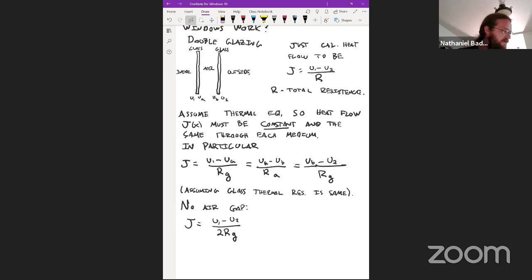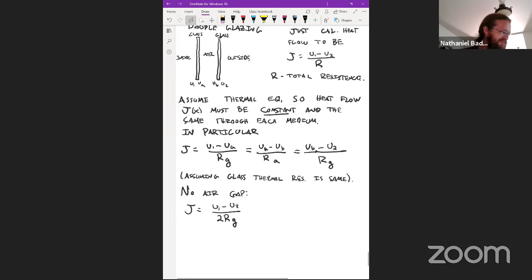So what if we do add the air gap then? Let's assume, just for the sake of this, that the temperatures are all close to each other. So we can define a quantity which is going to be the relative heat flux.